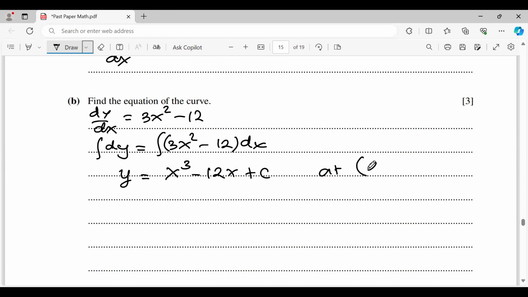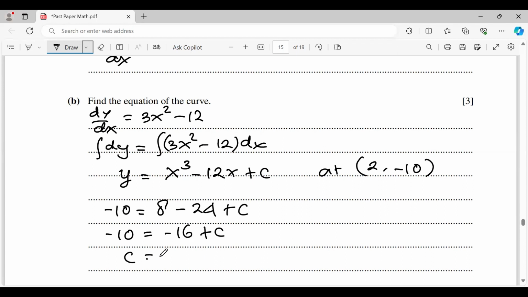At the point (2, negative 10), y equals negative 10 and x equals 2. Minus 10 is 8 minus 24 plus c. So minus 10 equals minus 16 plus c. So c equals minus 10 plus 16 equals 6.